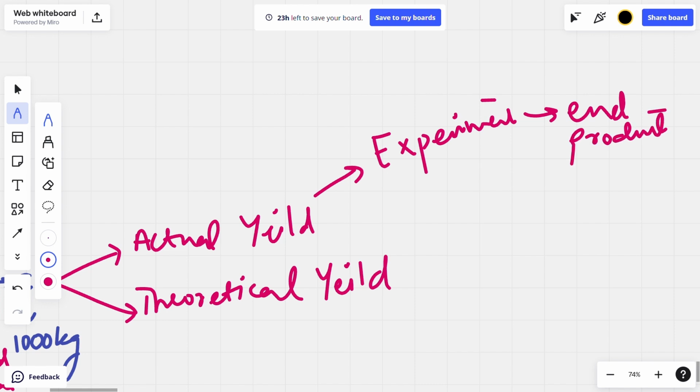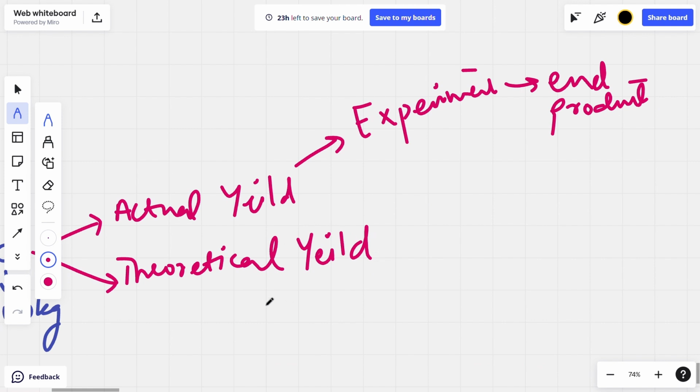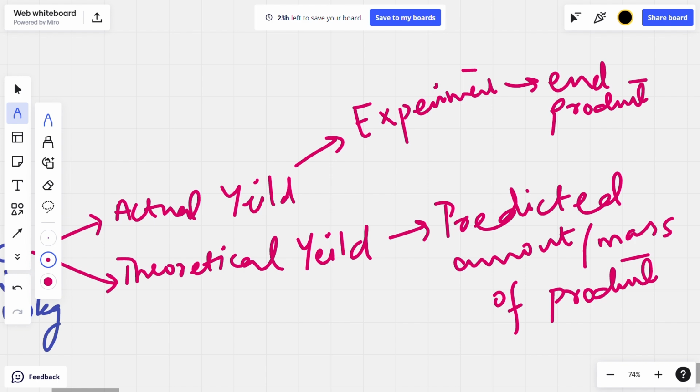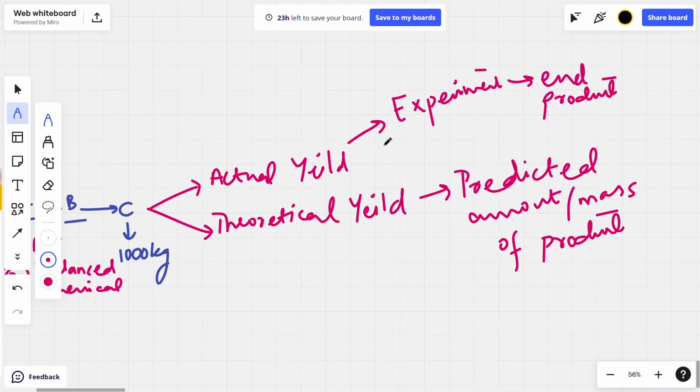And what does the theoretical yield mean? Theoretical yield is the predicted amount of the product that is calculated through the balanced chemical equation. So there is a difference between the theoretical yield and the actual yield.